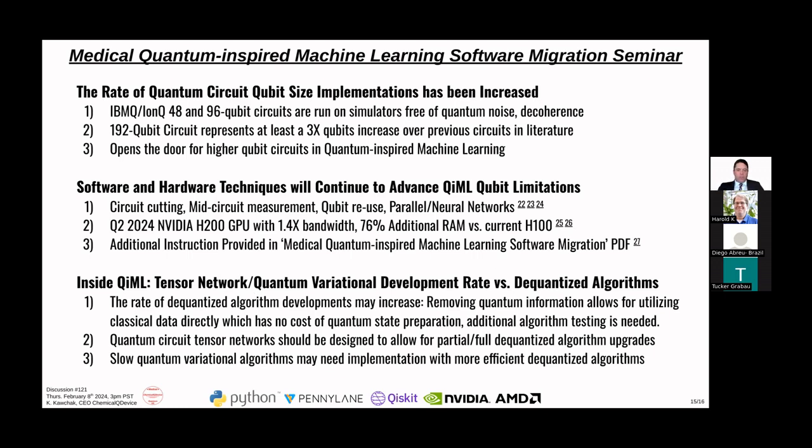The thing to note inside QiML, because I've been talking a lot about comparing hardware to quantum-inspired, is that the rate of these dequantized algorithm developments may increase. And removing quantum information allows for utilizing classical data directly without having to do any state preparation. If you have an image, state preparation converts that classical image into quantum states. Now you don't have to do that. It's a classical algorithm again.